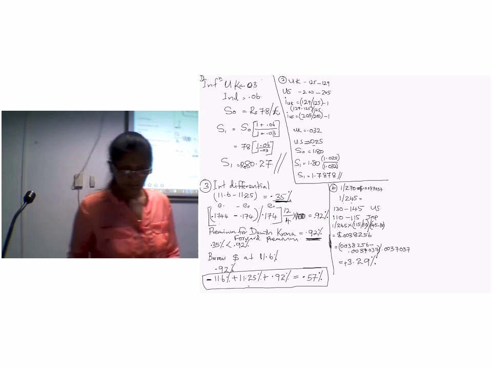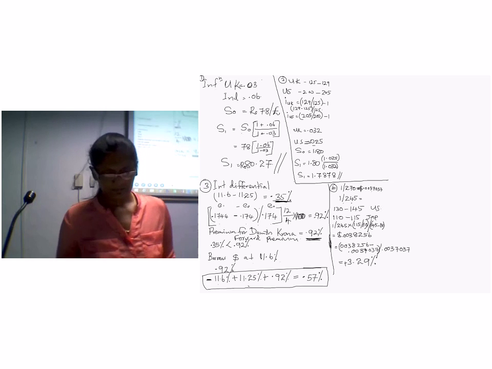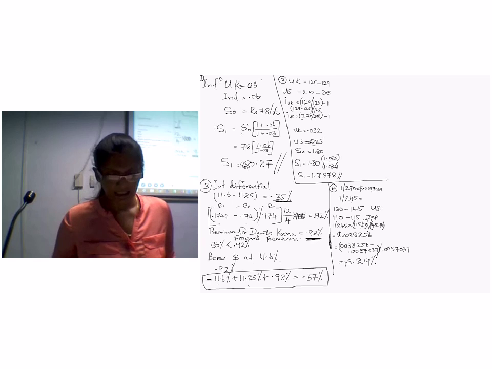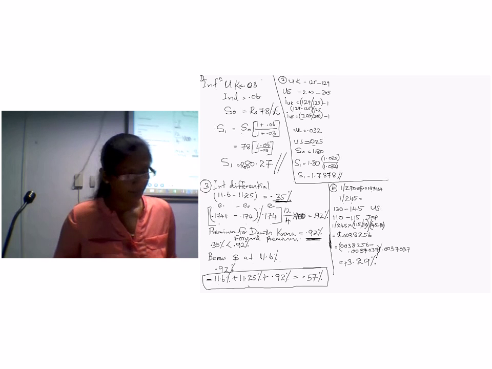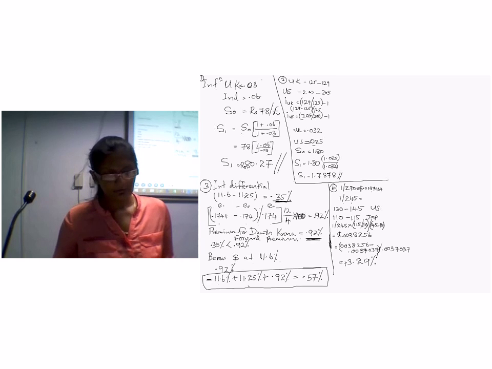Alright, any questions? In this one you have to remember that this is the initial exchange rate between two currencies, right? The price level differences we can compare only for the end of year currency. Only for the end of year currency can we incorporate the inflation.